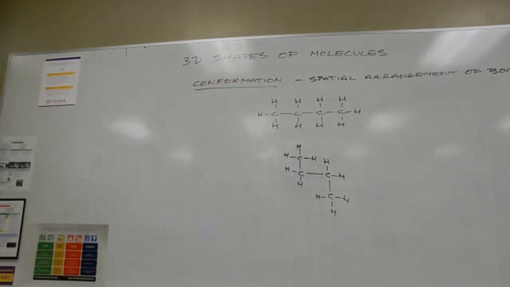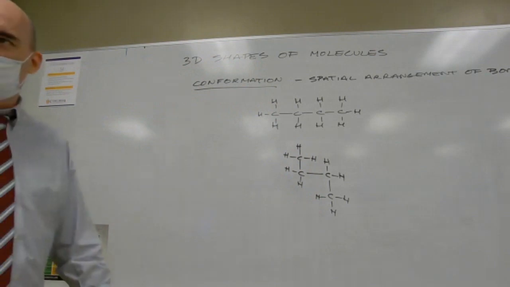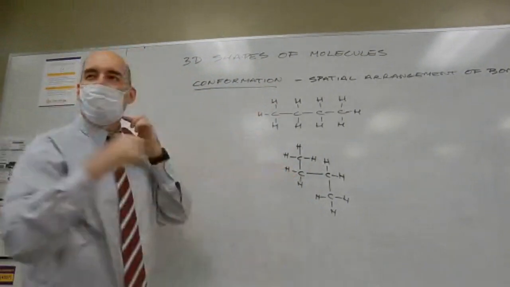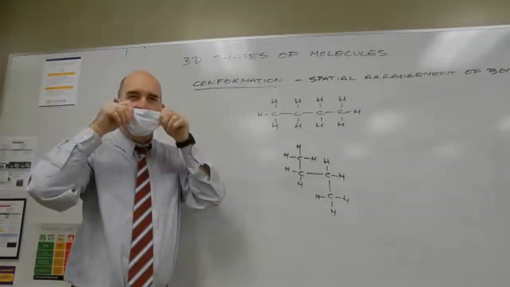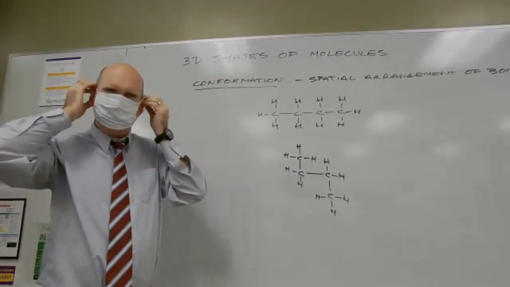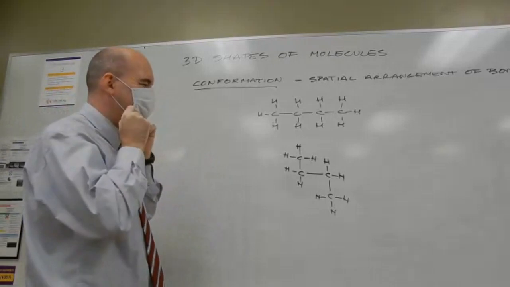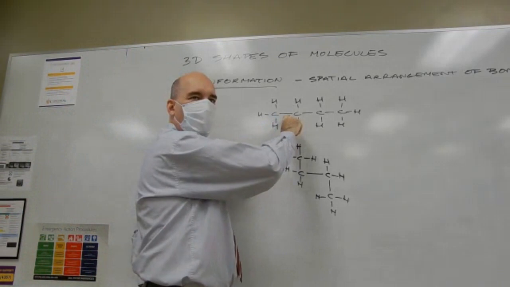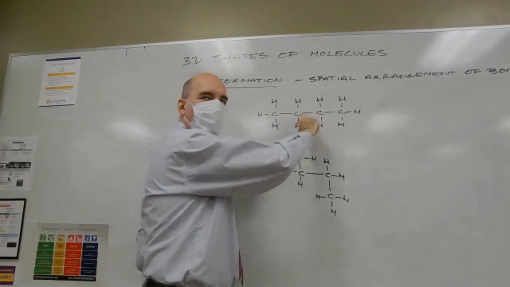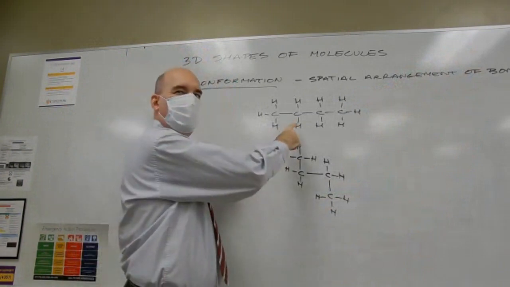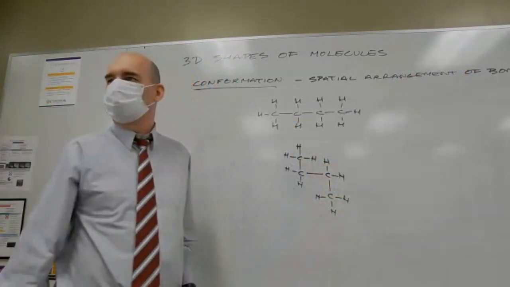These are both butane. But in my primitive two-dimensional representation, I think I'm trying to tell the reader something. It looks like I'm trying to tell the reader that in this molecule, all the carbons are laid out in a straight chain, whereas in this one, they're kind of in a zigzag.